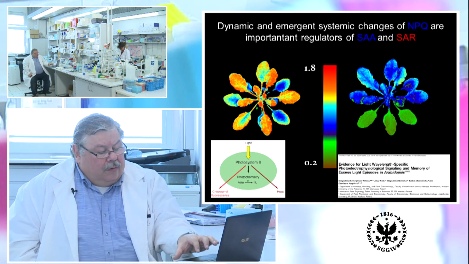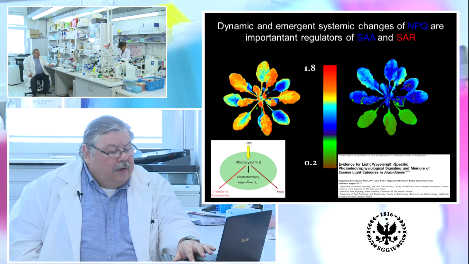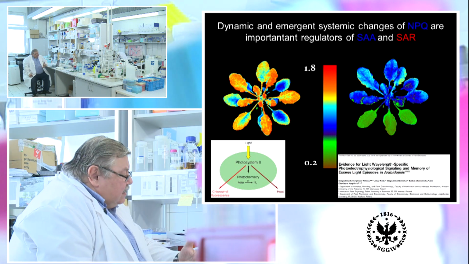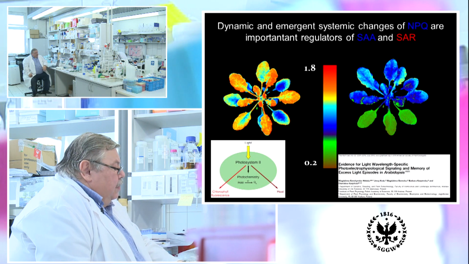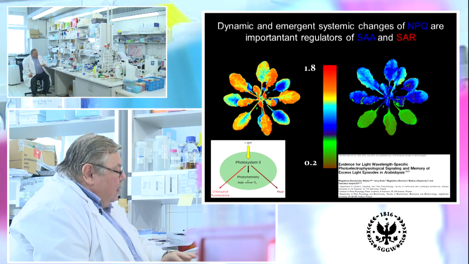However, when you shone the excess light on selected leaves, then the NPQ in systemic leaves, which are still in shadow, in low light condition, is set up to mostly one value.